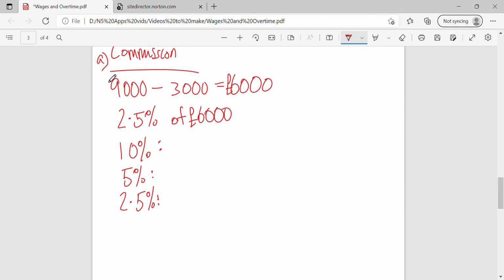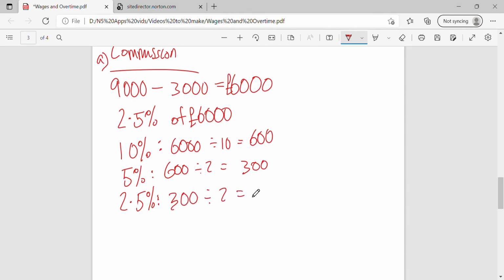So 10% divide by 10, that's our common percentage that we need to know. So that would be 600. 5%, divide that by 2, is 300, and then 2.5%, dividing further by 2, which should be 150.